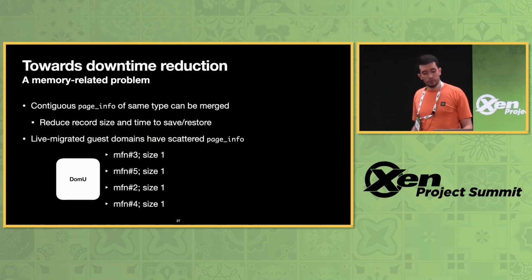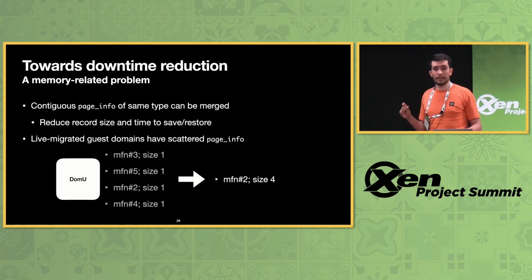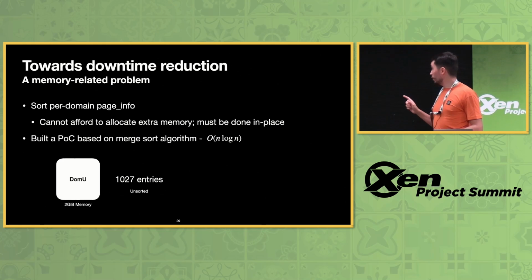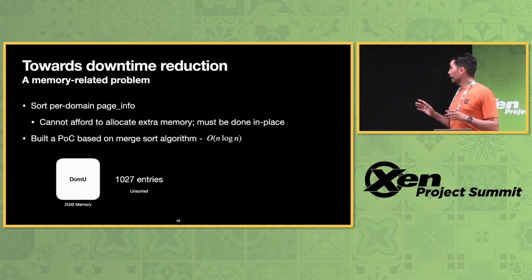So if we decide to sort that, we could instead have just one entry and reduce a lot the size of the stream and the number of entries. And to illustrate my words, I had a little POC where I used the merge sort algorithm.